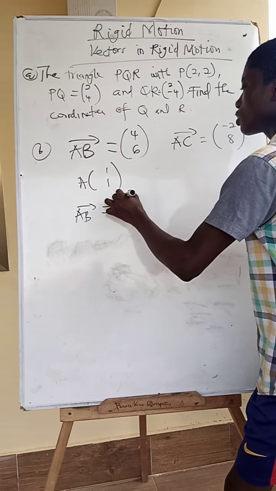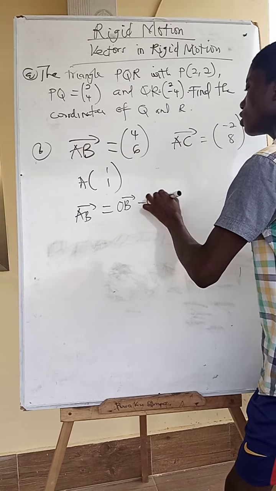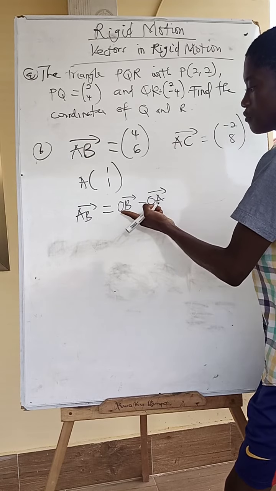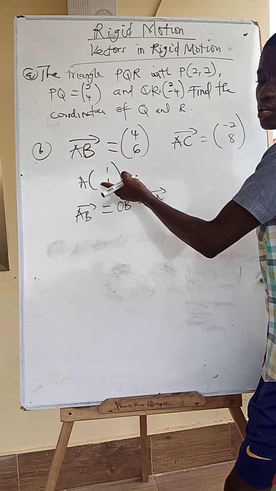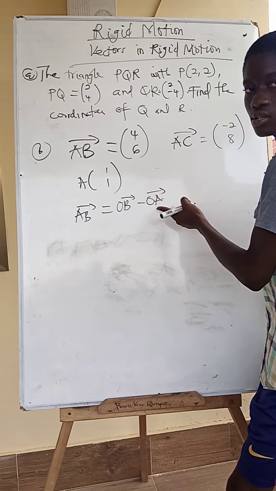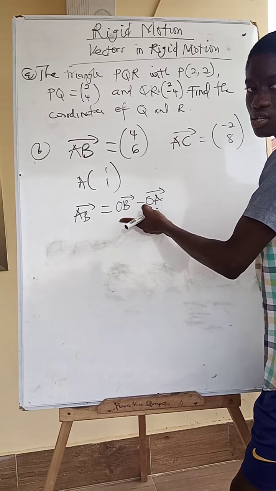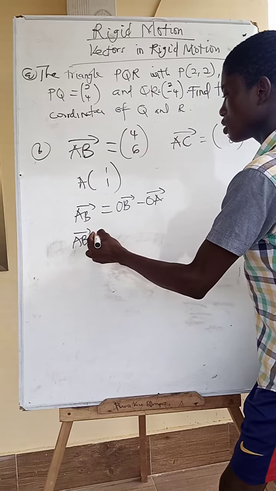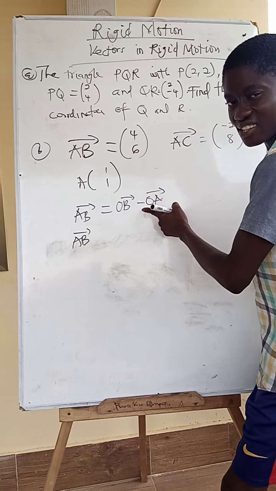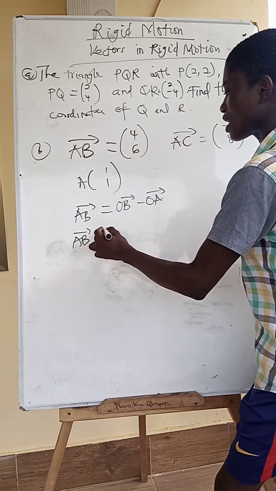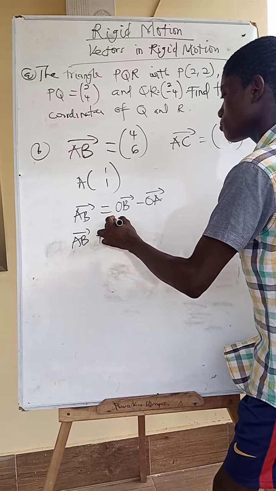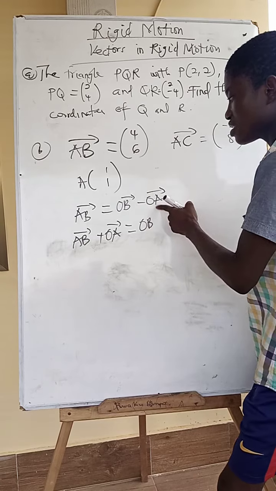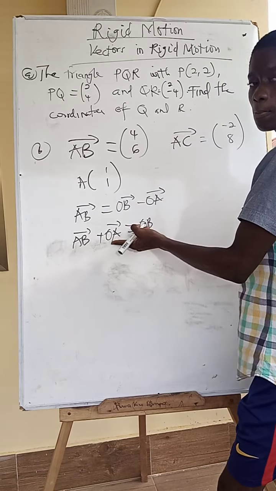OB minus OA. Simple. So here we have B, but we have A here, 1, 1. So you just have to make B the subject. So your AB plus OA equals your OB. You want to make B the subject. This negative, if it crosses, becomes positive.